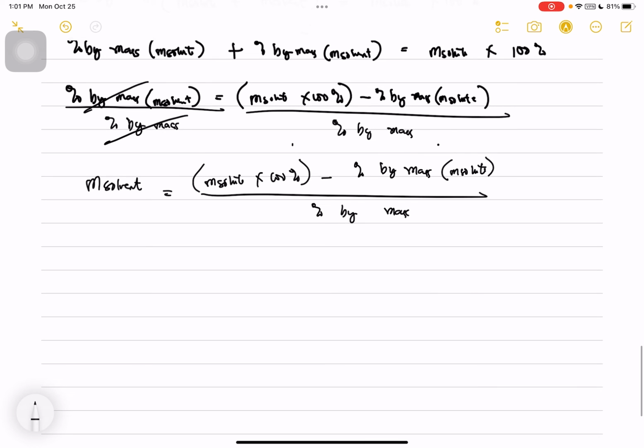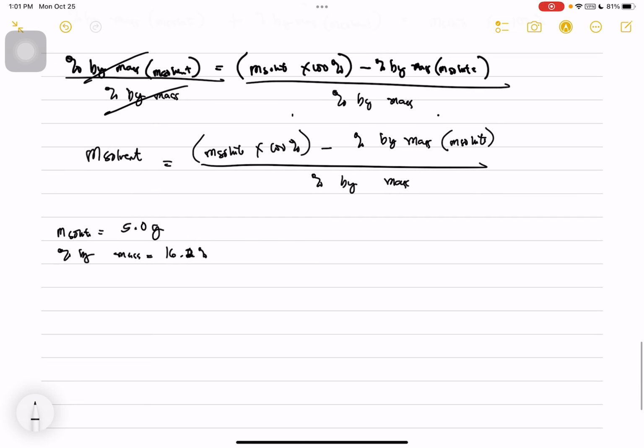Now let's supply the given into our formula. So let's write again the given here. We have m of the solute is equal to 5.0 grams while the percent by mass is equivalent to 16.2%. Now let's apply the given into the formula.